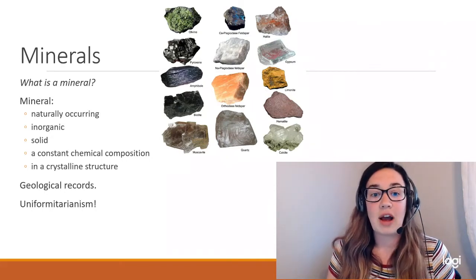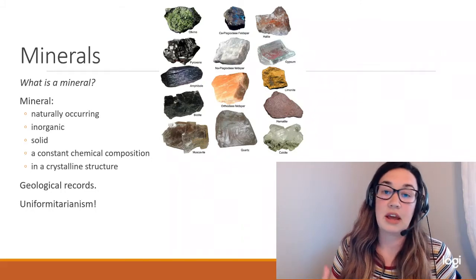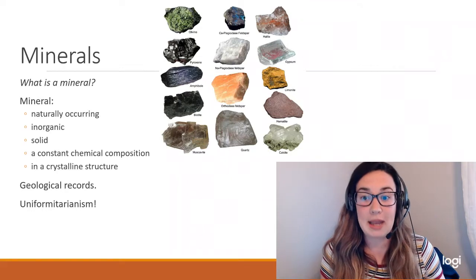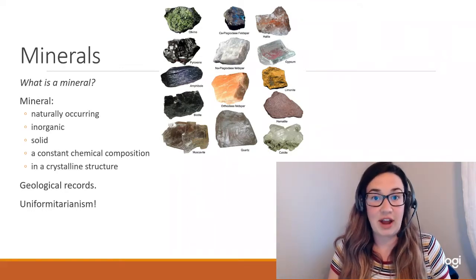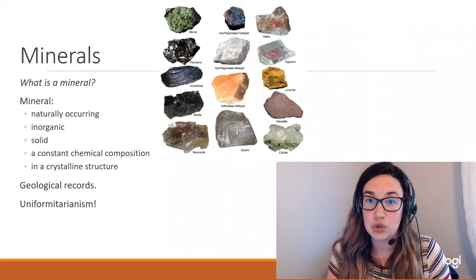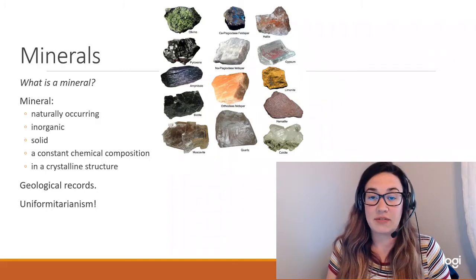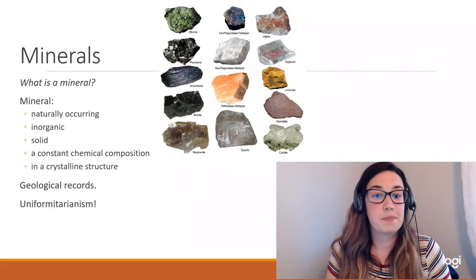So there are 5 different defining features that make up a mineral itself. These 5 defining features include the fact that a mineral is naturally occurring. The second defining feature is that a mineral is inorganic, so it was never alive.